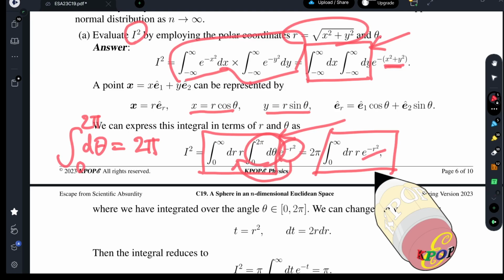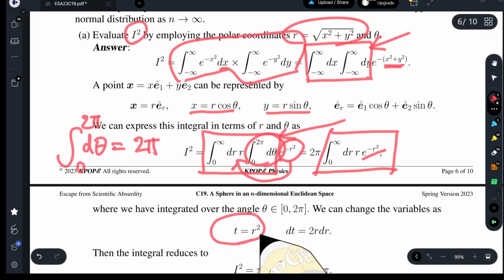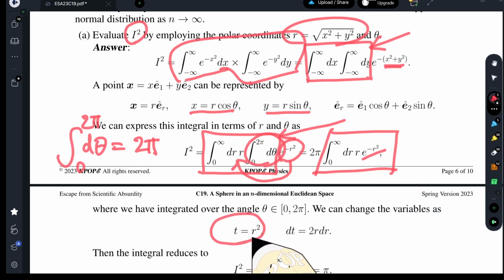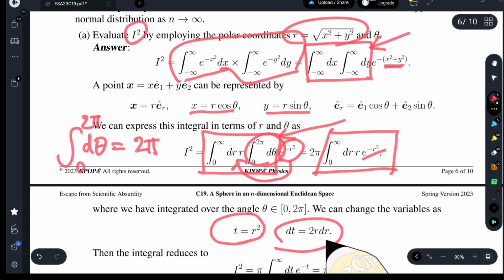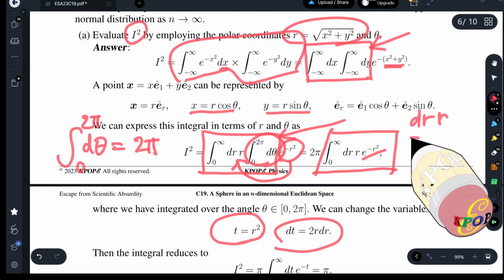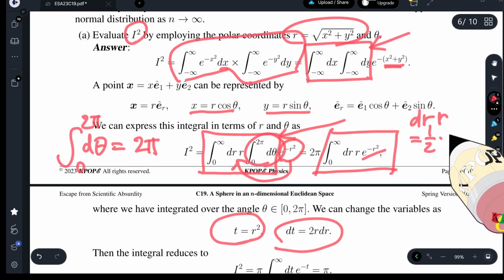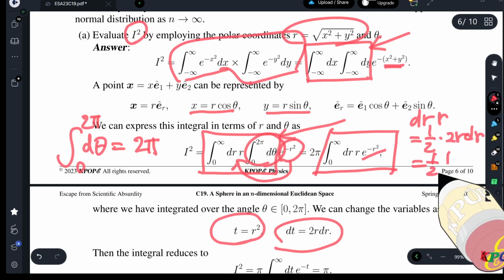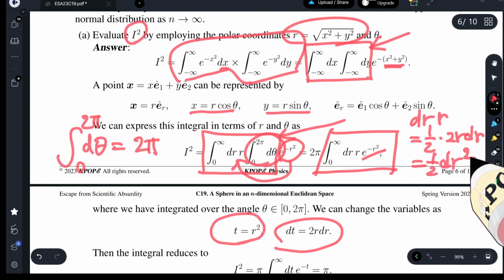By the way, I can change the variables to find this. Here, r dr is 1/2 times 2r dr, which is 1/2 times d(r squared).